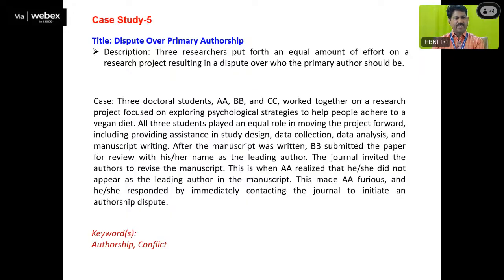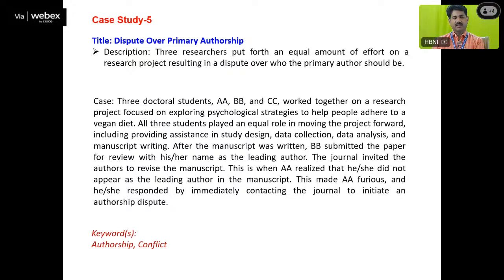And the journal invited the authors to revise the manuscript. During the first submission, the second student did not take the agreement of the other students, and put only his or her own name as the leading author. So he has not given due credit to the other authors.